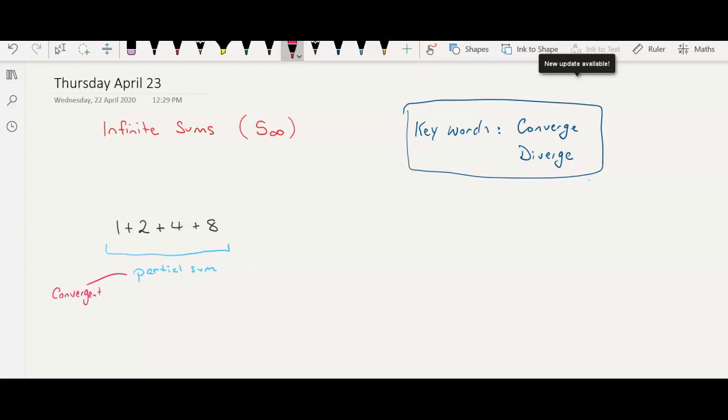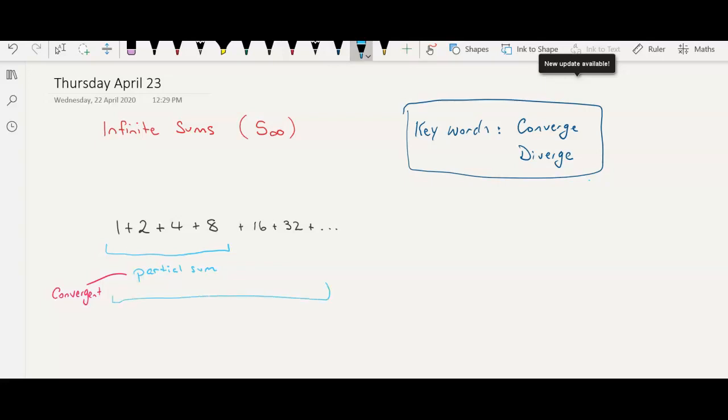Now, if we take this sum and continue, what are we doing here? We're doubling. Our r is 2, and so off we go. And how do I denote that this is going to go on forever? Just three dots. So now this is not a partial sum anymore.